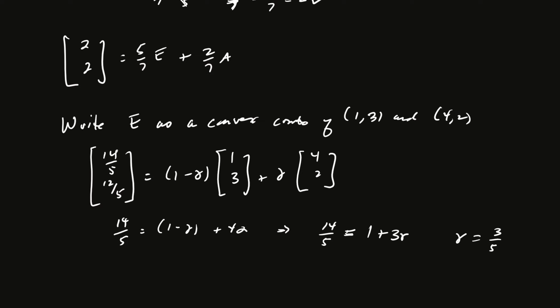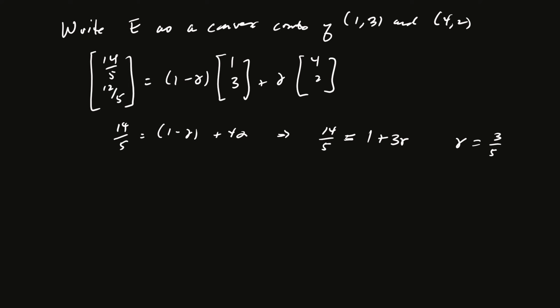I believe so. Good. We can double check with the second coordinate. Is 12/5 equal to 2/5 times 3 plus 3/5 times 2? 6 plus 6 is 12, so 12/5. Check. Very good. Now we're done.